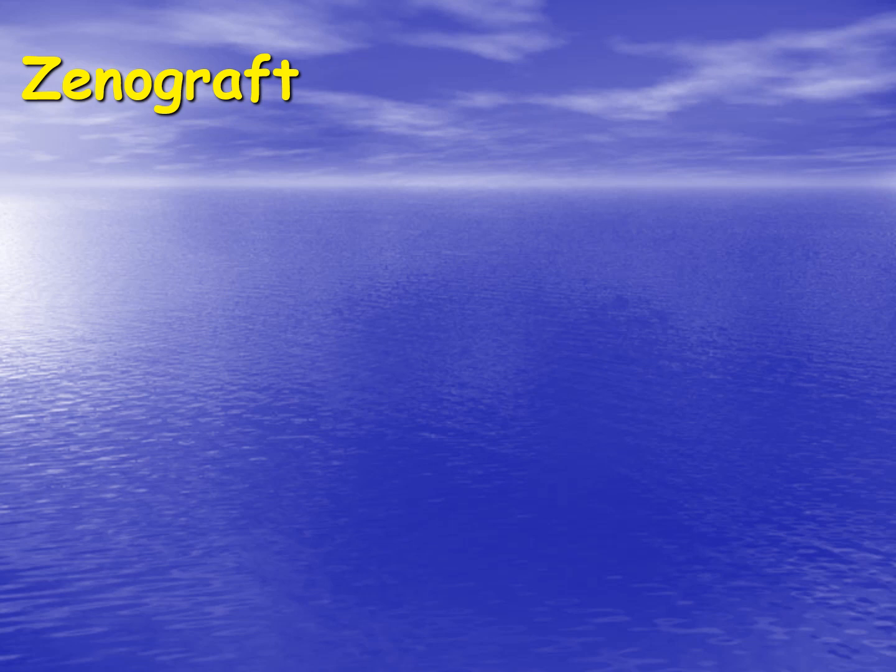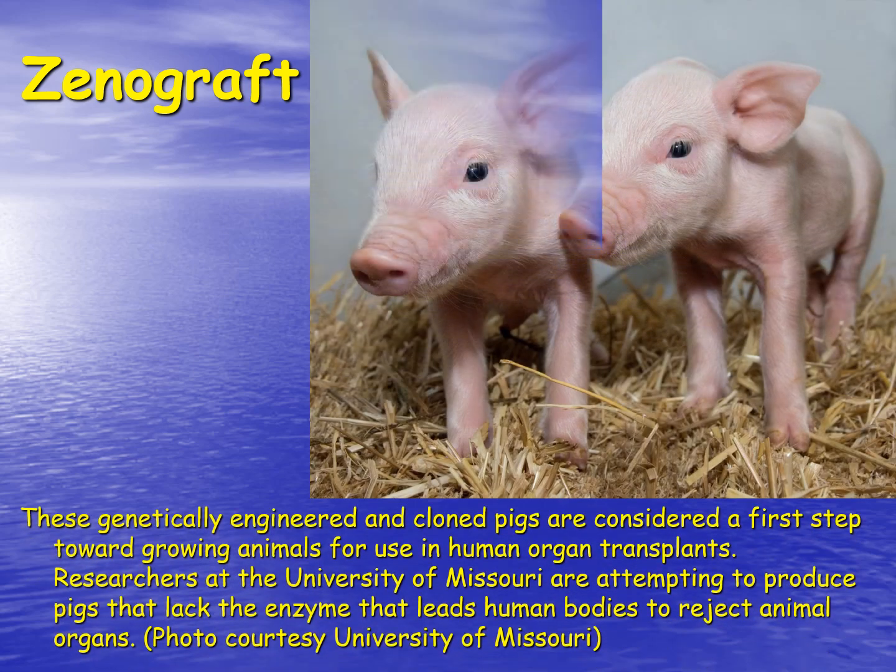And then lastly, xenografts or heterotransplants, between species of different species. And interestingly enough, there is one species that shares many of the similar MHC markers as humans, and that is our lowly pigs.